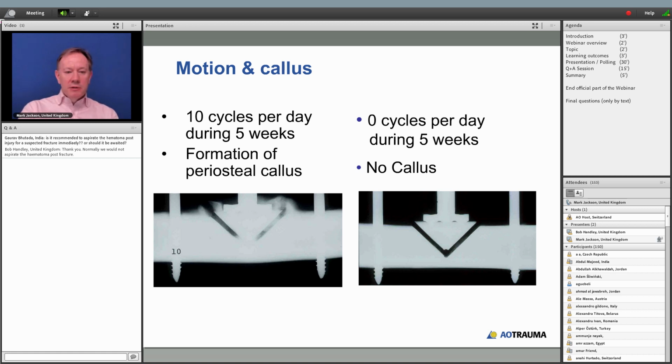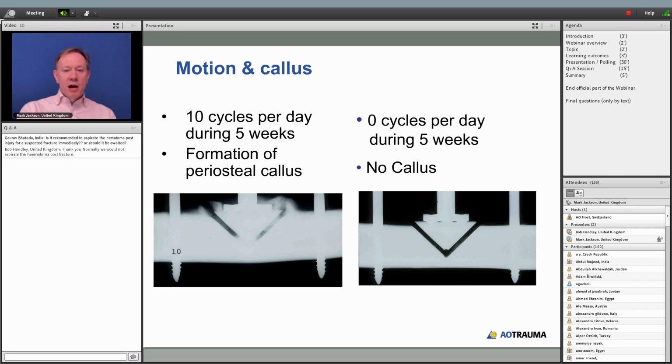So these two radiographs are of an experimental model which has been stabilized using an external fixator. There has been a cuneiform defect created which has been stabilized, and in one arm of the experiment has been subjected to a little bit of micromotion, just 10 cycles per day over a period of 5 weeks.